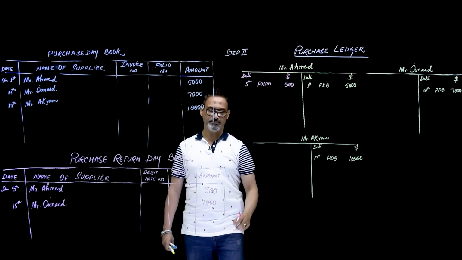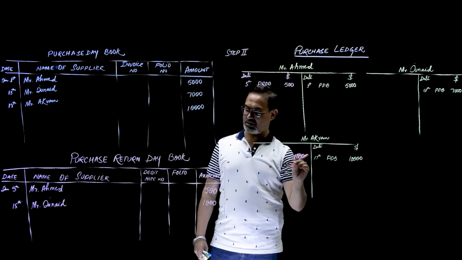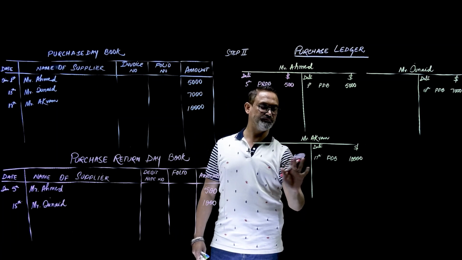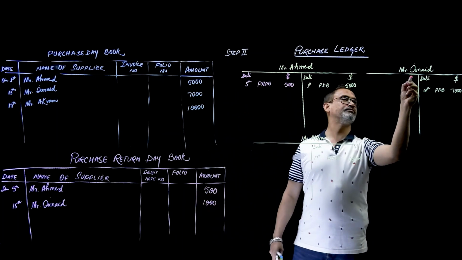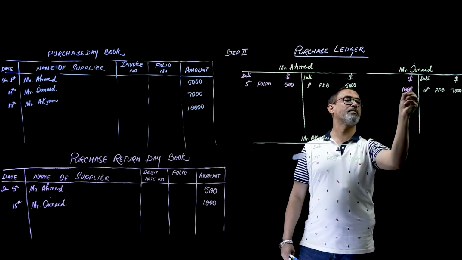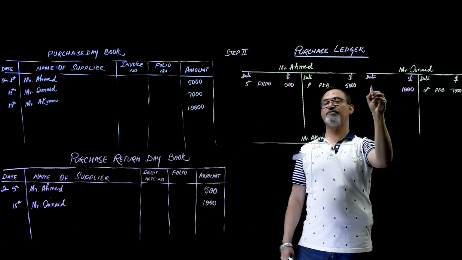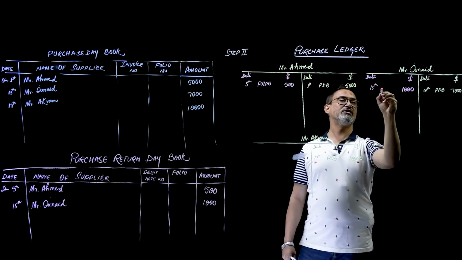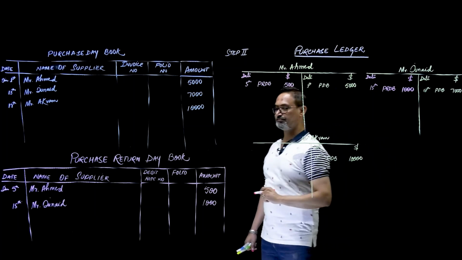In the same way, we post 1,000 in Mr. Junaid's account on the 15th of January with the reference purchase return day book.